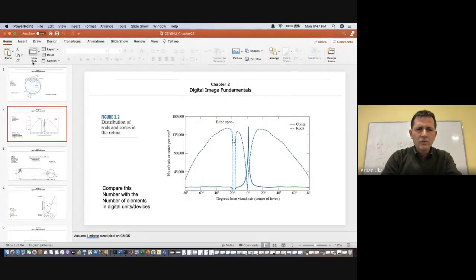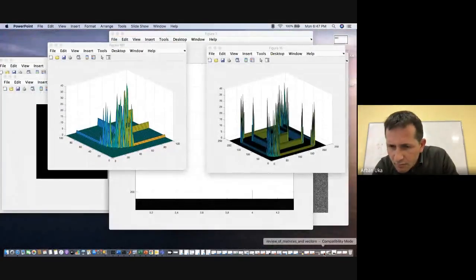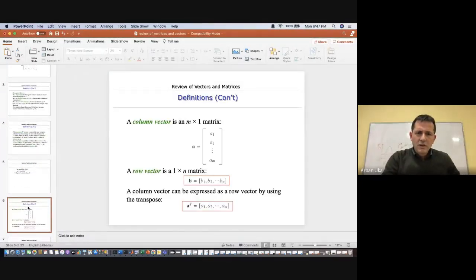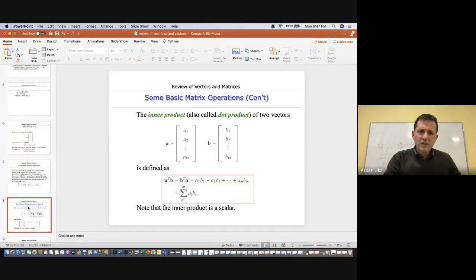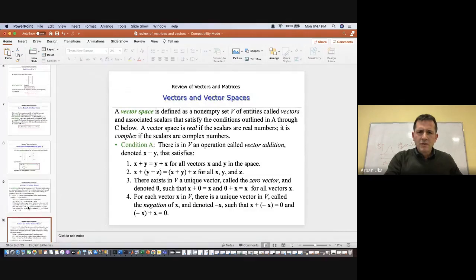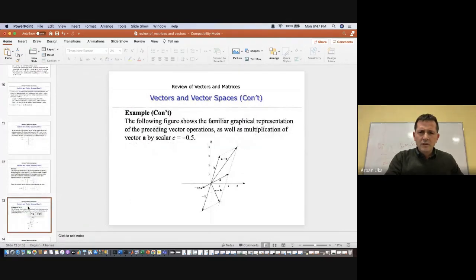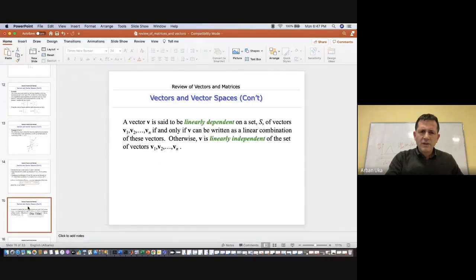Now we can go back to this review of the matrices. Now I'll try to denote the most essential aspects, but here we have some basic operations of matrices and vectors. This is how we can add these. Here, this is how we can define the linear combination of different vectors.